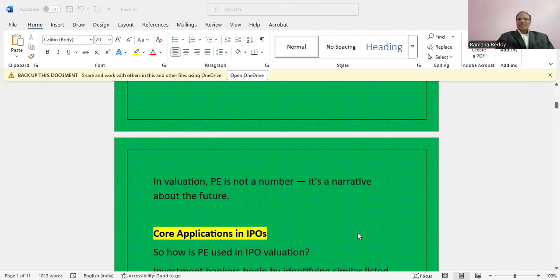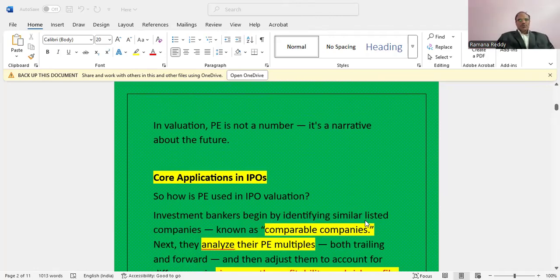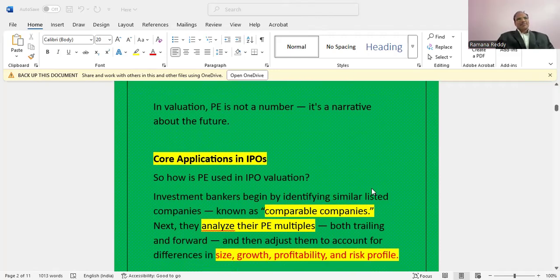Core applications in public issue IPO. How is PE used in IPO valuation? We will see. The investment bankers begin by identifying similar listed companies, known as comparable companies.